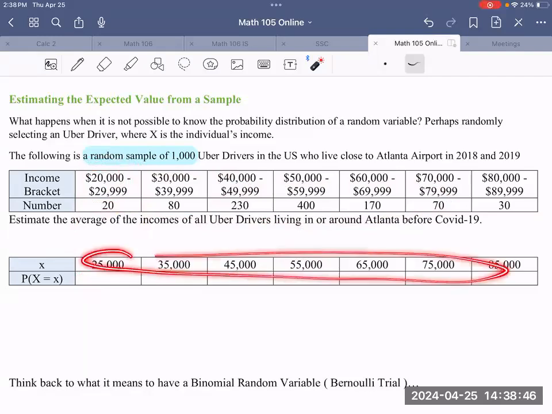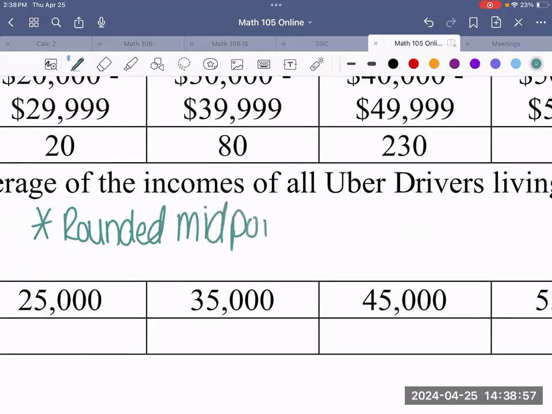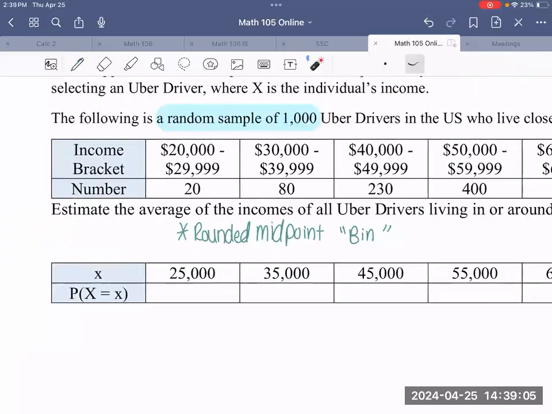These points happen to be a rounded midpoint. In our case, and they're also called your bin values, right? Your bin being, okay, of this range, let's put it into one category, a bin.